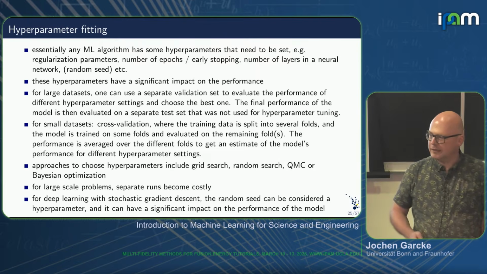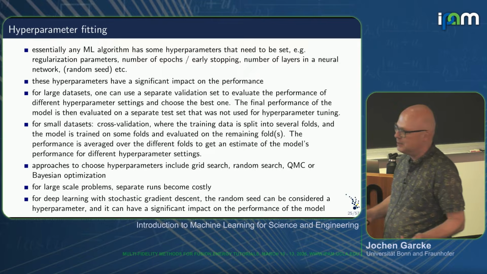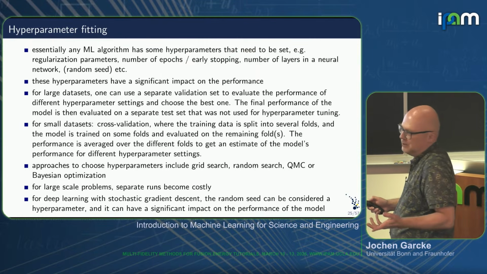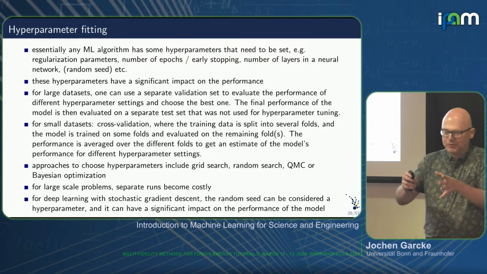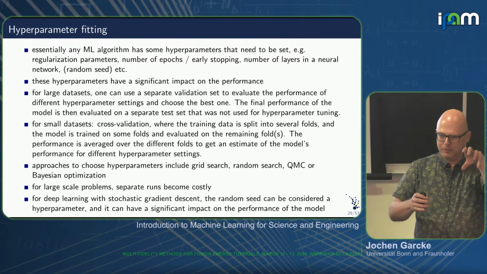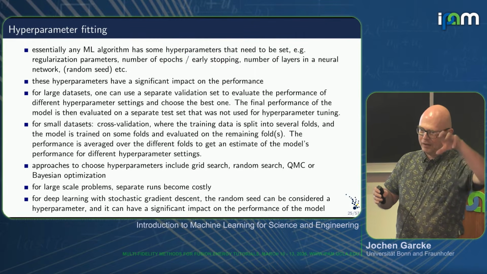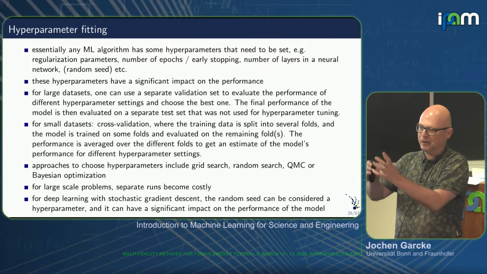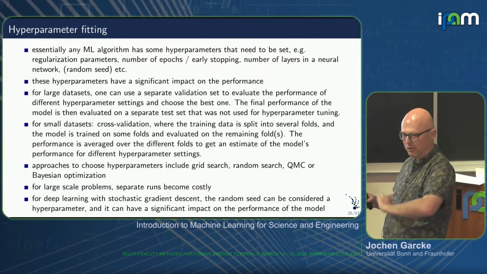Then the ugly details: hyperparameter fitting. Any machine learning algorithm has some hyperparameters, which you need to fit in some way. So regularization parameters: we have this regularization about smoothness, and you have a parameter in front of that, which tells you how strongly. So you have the error functional plus lambda times the smoothness constraint. And this you can tune, is it small or large?